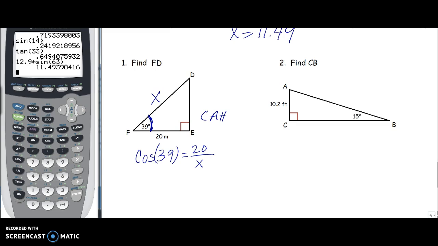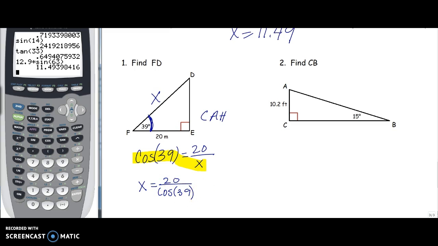In this case, when you have x in the denominator of your ratio, you are allowed to take these two values, the cosine or whatever trig function you have, and x, and switch their position. Because if we were to go through and solve for everything, that's what would happen. So our new equation is x equals 20 over the cosine of 39.